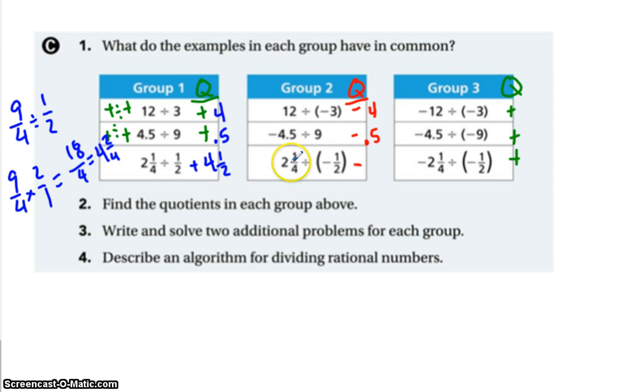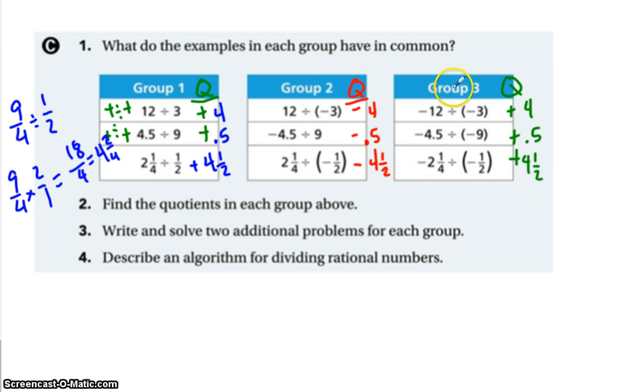And then 2 1/4 divided by negative half would give us a negative 4 1/2. All right. Now let's take a look at group 3. Group 3 says a negative divided by a negative. Again, that would be a positive 4. A negative divided by a negative equals, sorry, a positive 0.5. Negative 2 1/4 divided by a negative half would equal a positive 4.5.